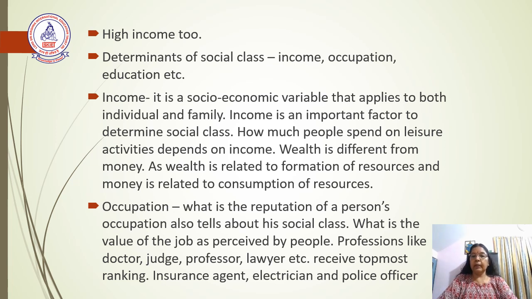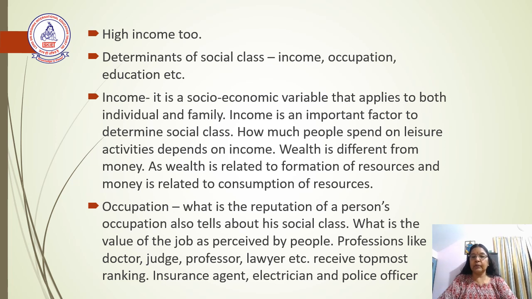So, income is a very important socio-economic variable which determines our social class, and from income, what kind of income we are drawing, the marketers can predict what kind of consumption pattern or what kind of behavior we will show in the purchase of products and services.